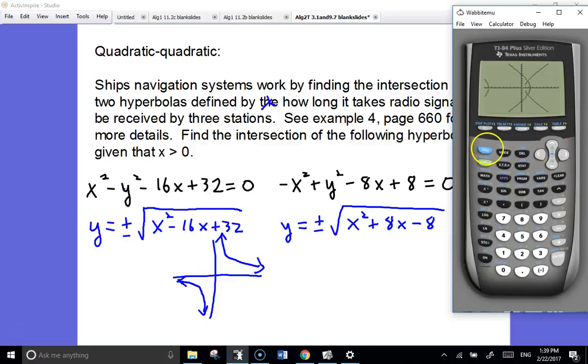Let's try this. Second trace 5. And, okay, I'm on that one hyperbola. It's blinking on it. That's good. Enter. Okay, now it jumped down to the bottom. We don't want that, right? So now let me go down to y3 for the second curve. I think that's right, but I can't see it.